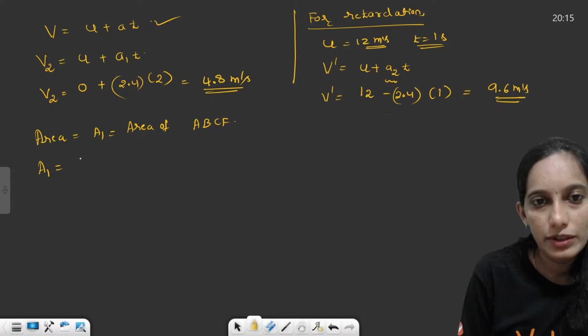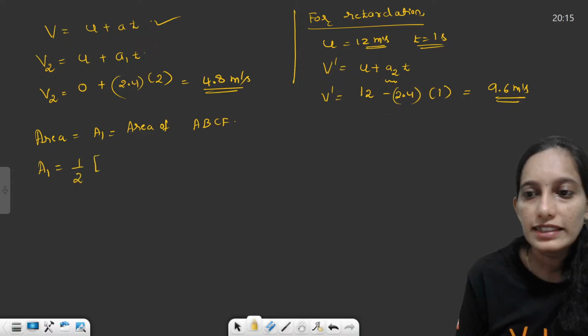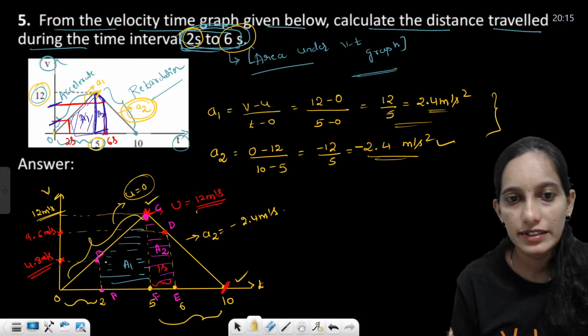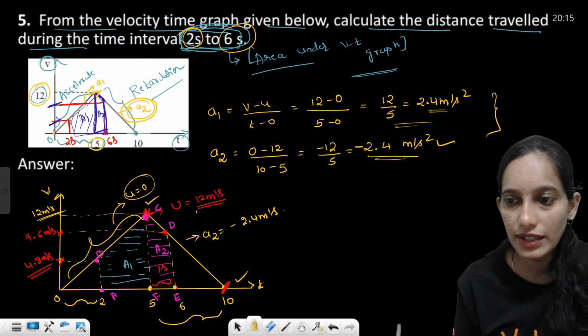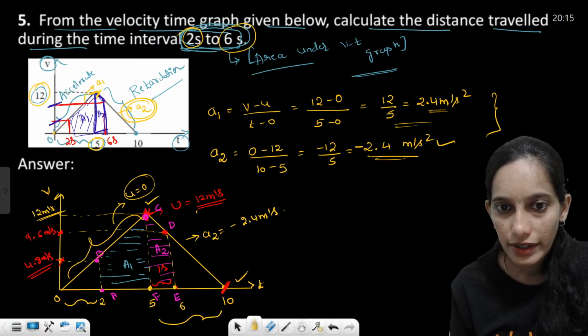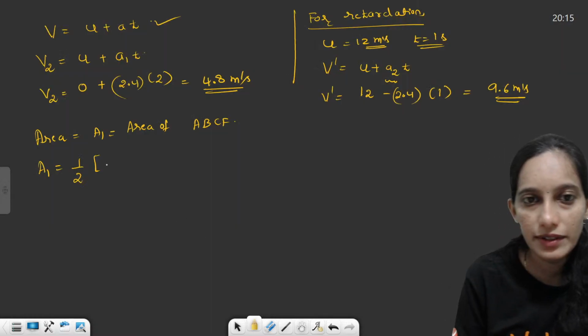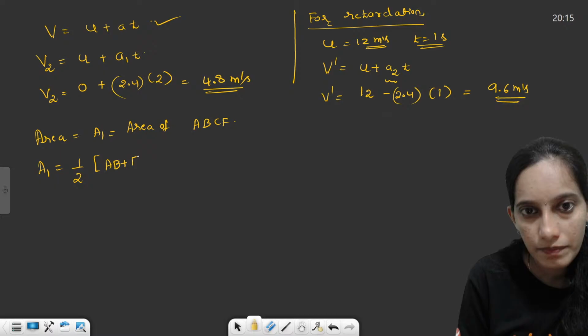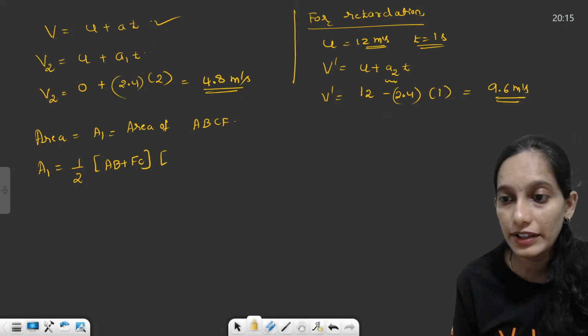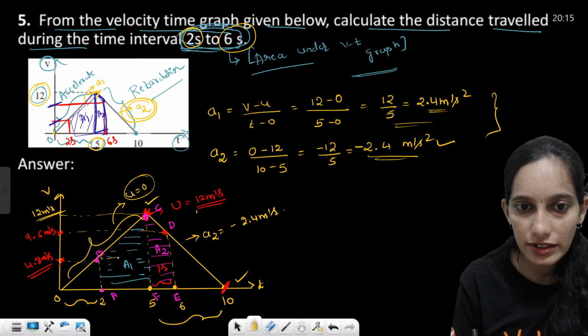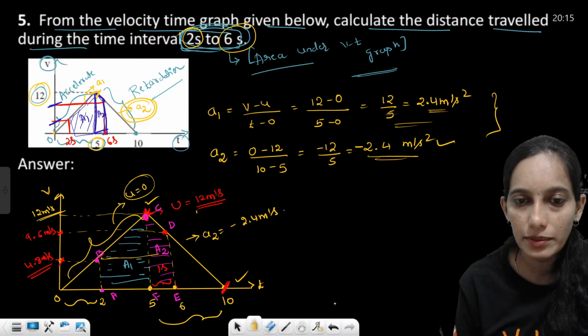So A1 will be equal to half into sum of the parallel sides. Here parallel sides means AB plus FC. Okay, sum of the parallel sides into the perpendicular distance. So the perpendicular distance, this length, is nothing but equal to AF.